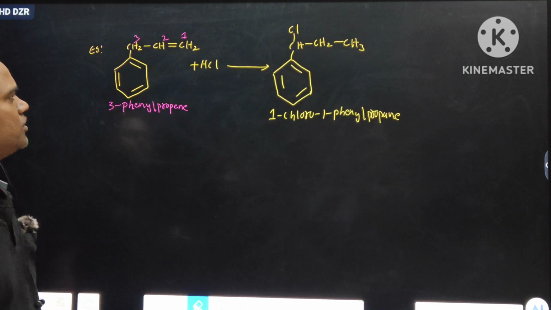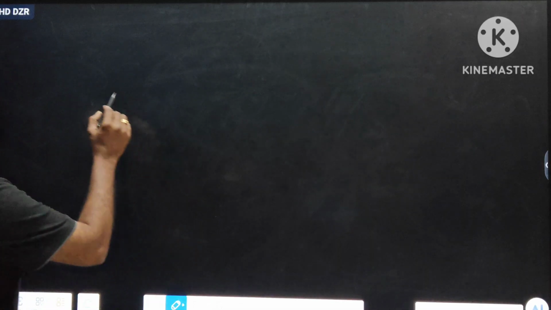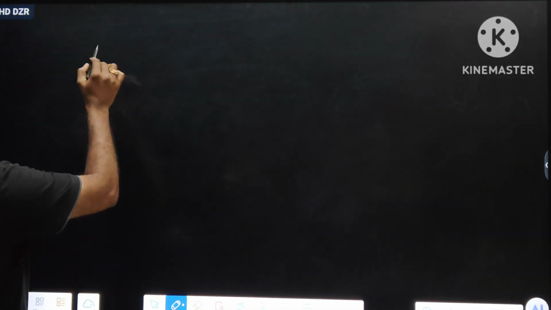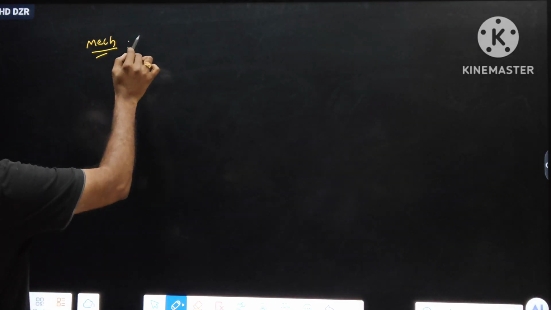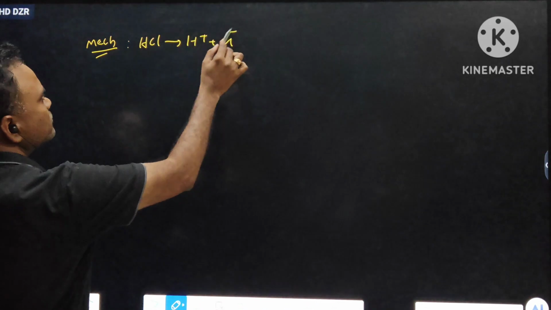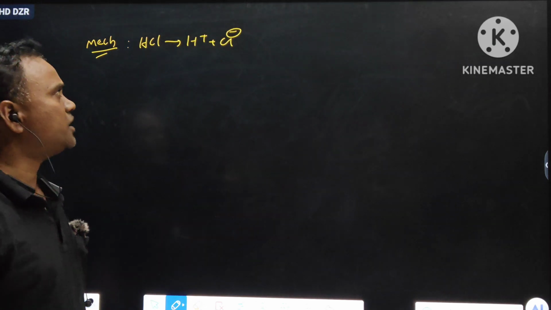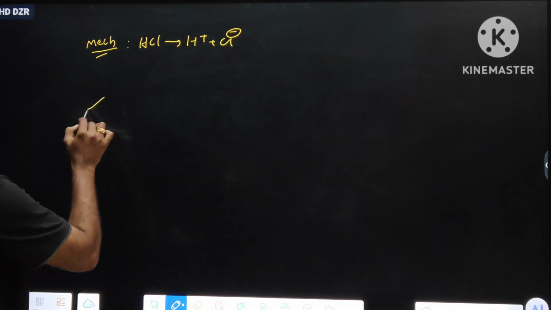I'll take a separate page. See here, as usual the splitting of HCl is common. HCl dissociates into H positive and Cl negative. This H plus adds to the unsaturated center.